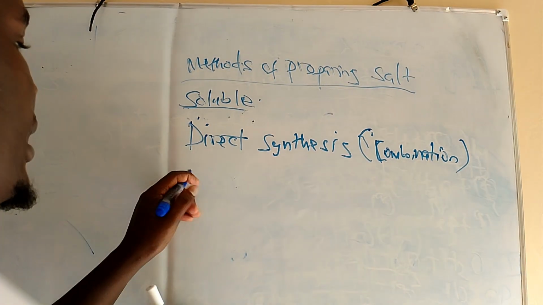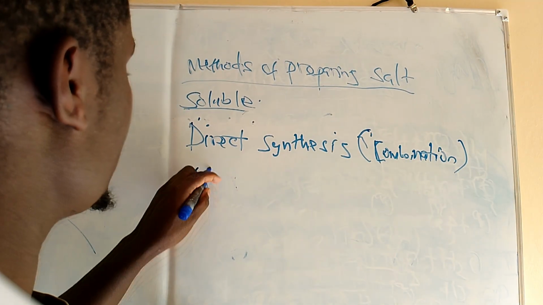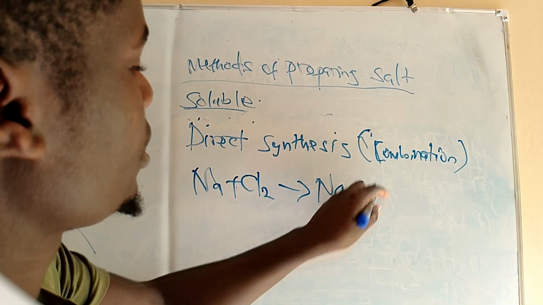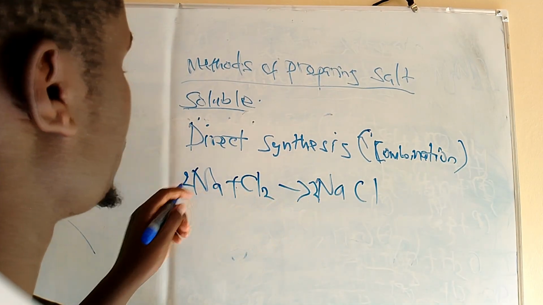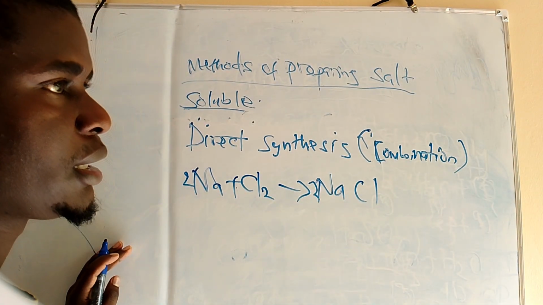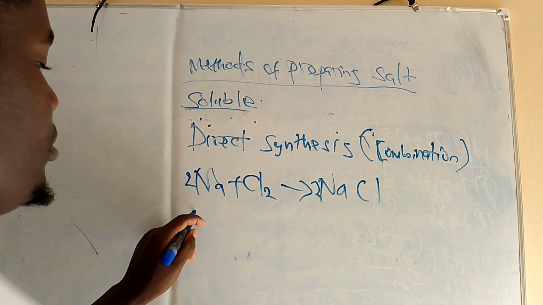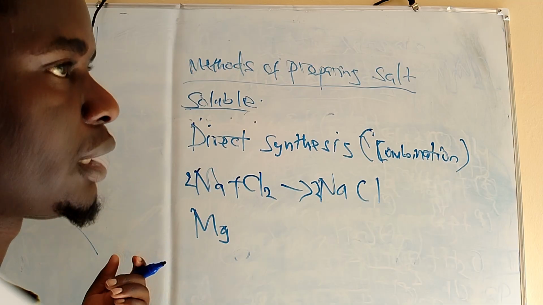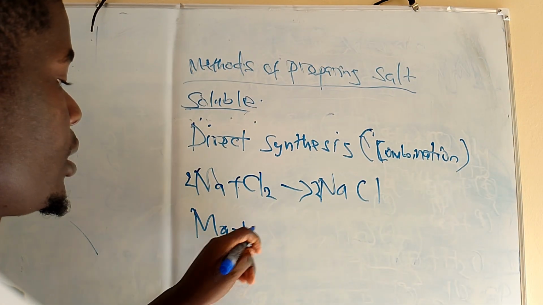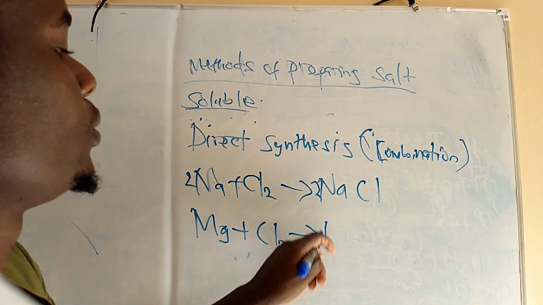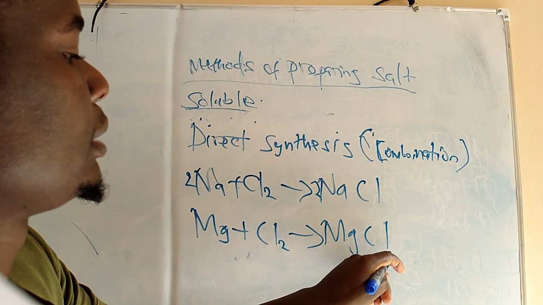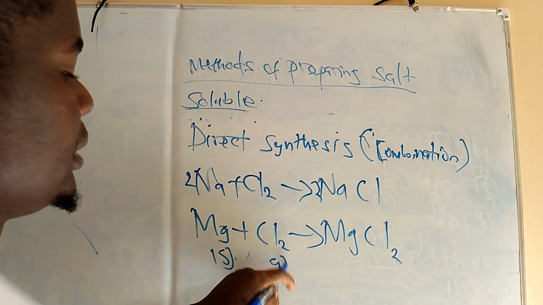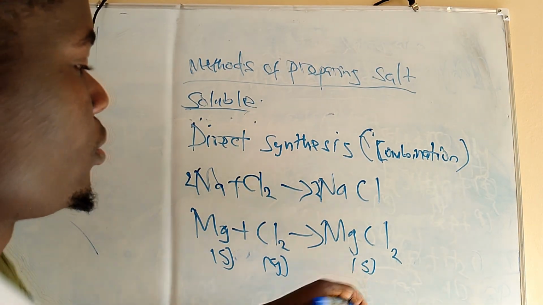Like now, if I have sodium, I can react it with chlorine gas to form sodium chloride. That is what we call direct synthesis. Or you take magnesium, you react it with chlorine gas to give you magnesium chloride. So that is also direct synthesis or direct combination of elements.